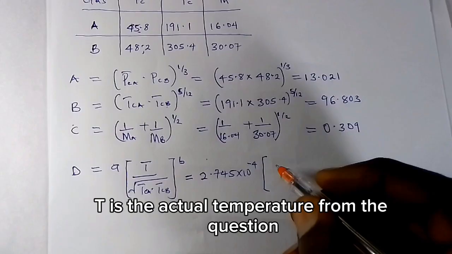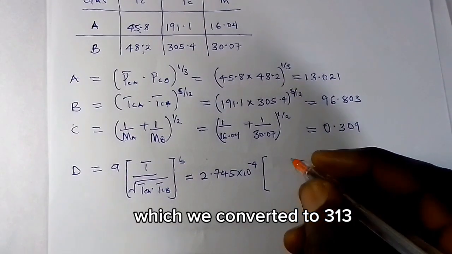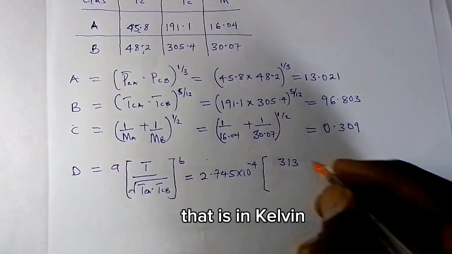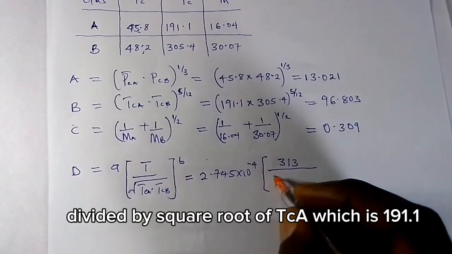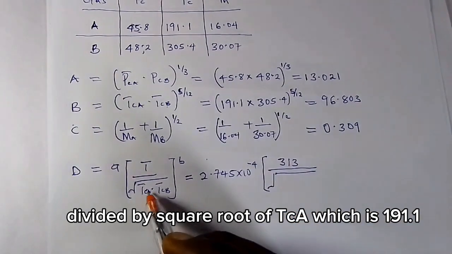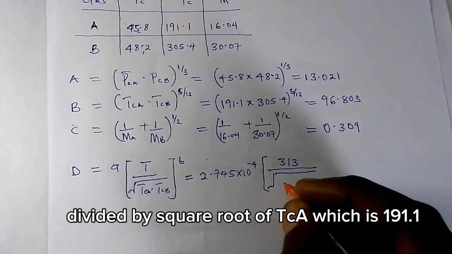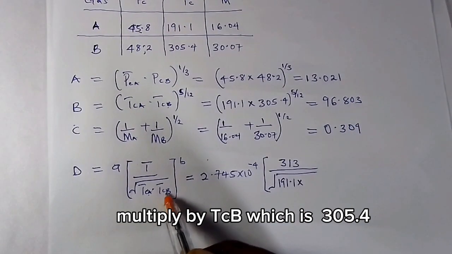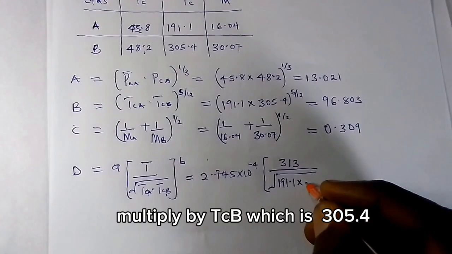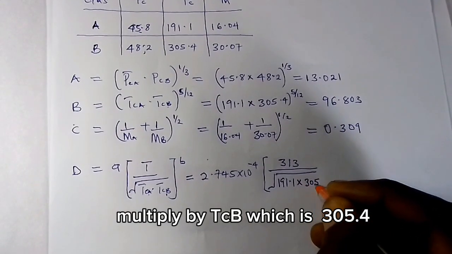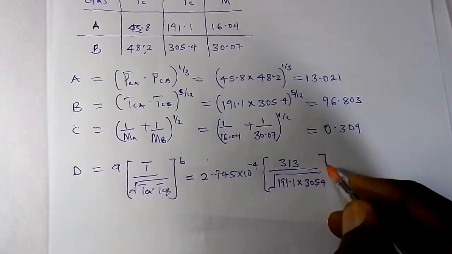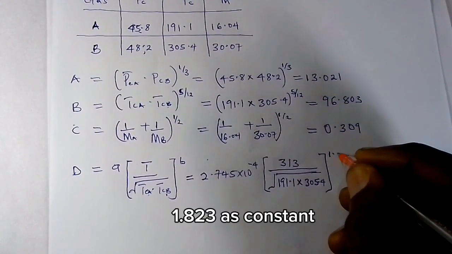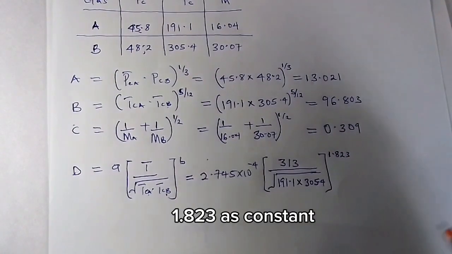T is the actual temperature from the question, which we converted to 313, that's in Kelvin, divided by square root of TCA, which is 191.1, multiplied by TCB, which is 305.4, to the power of B, which is given as 1.823 as a constant.